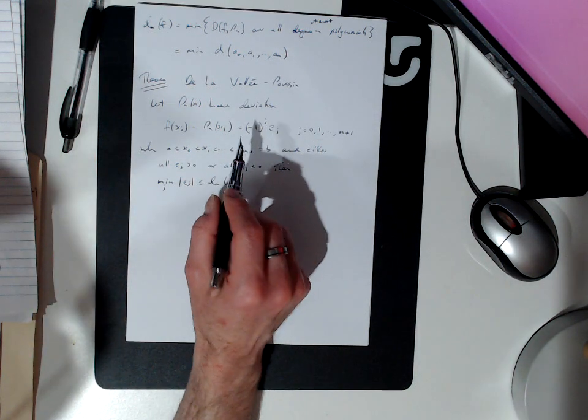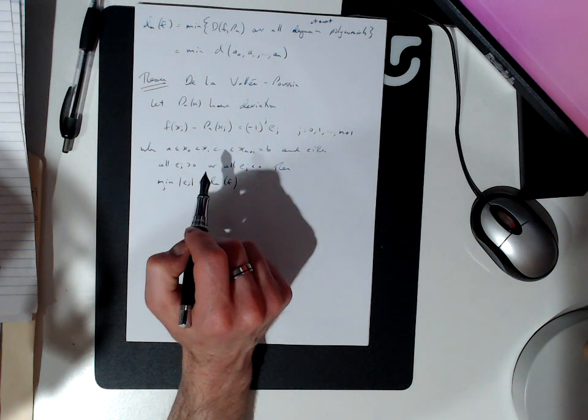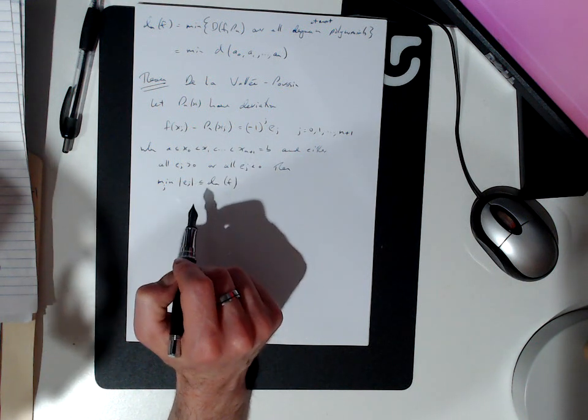So in particular, if you can prove that these ej's are the maximum deviation, then you know that this polynomial must achieve the bound.